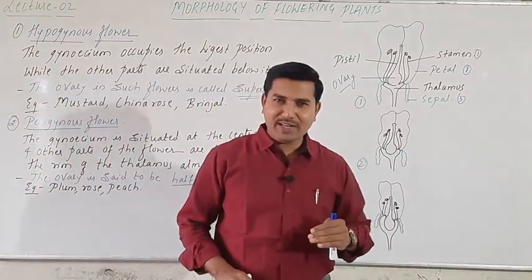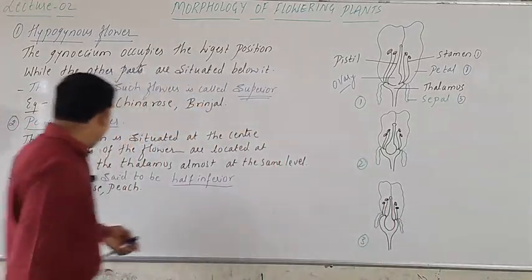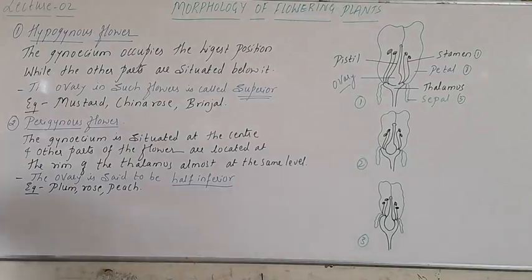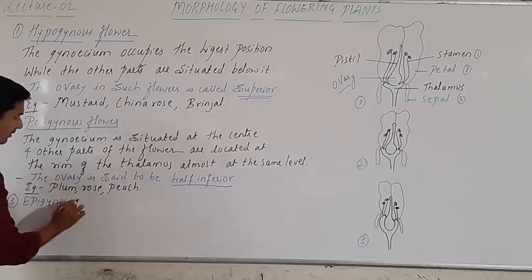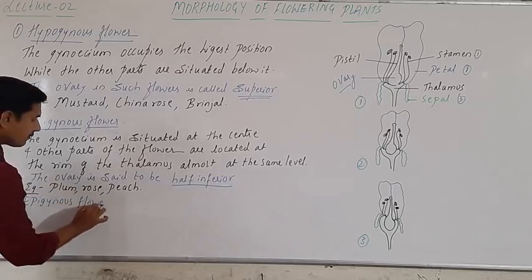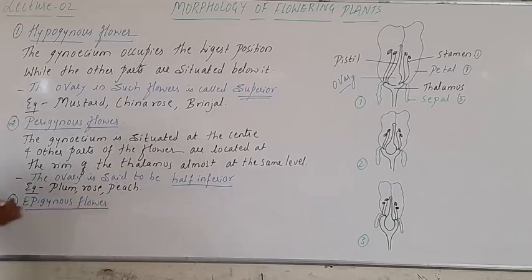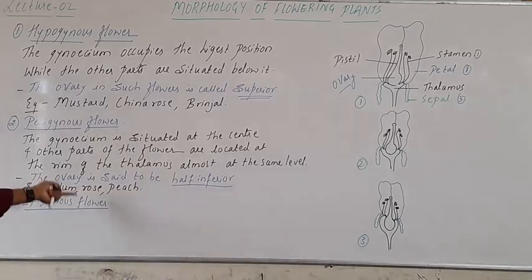Half inferior. Okay, so let's go to the last one now, the third one. So the third one is, hypogonus, perigonus and epigonus flower. This is epigonus flower. Okay, so let's frame the definition for the epigonus.